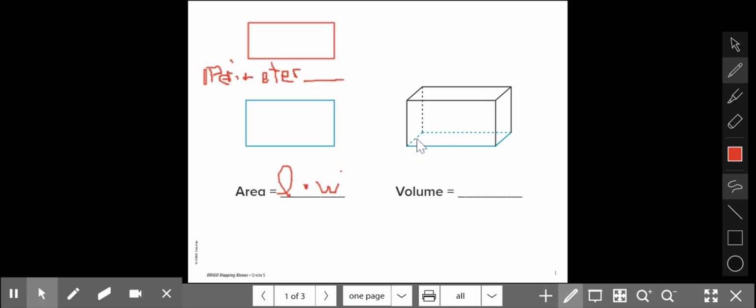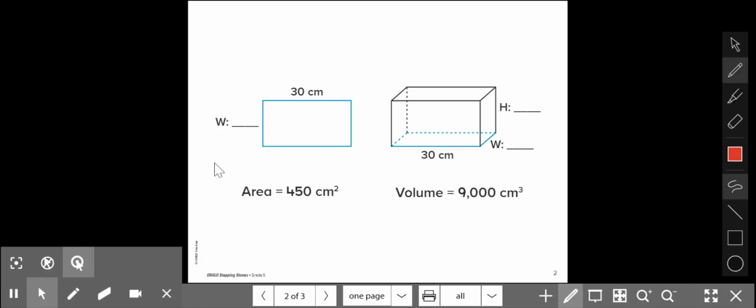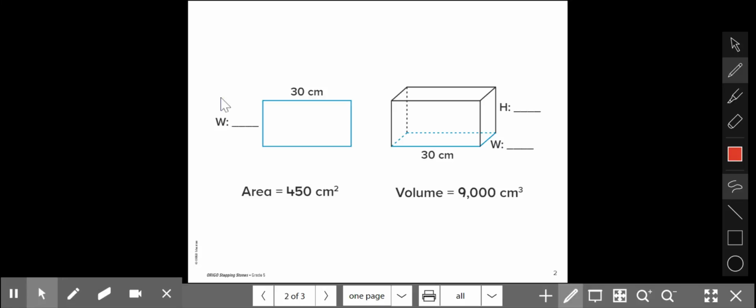So you can see there's some dotted lines. This just represents a three-dimensional object that we can't see. So length times width times height. Three different measurements, okay? And when we do length times width times height, we have three different measurements that we need to deal with.